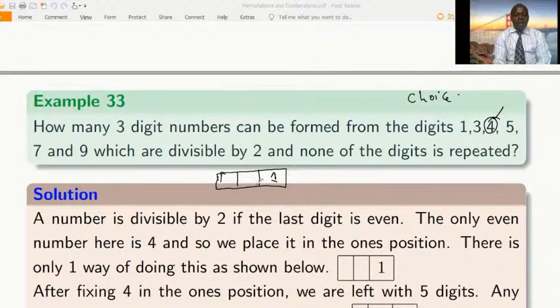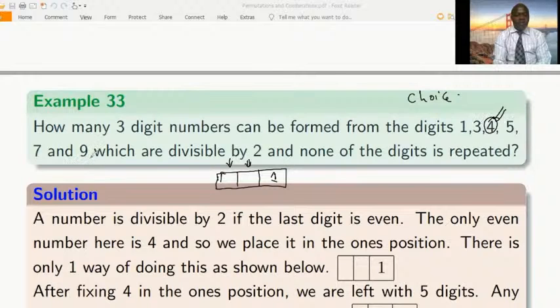Now, let's check how many choices we have for the first digit. Or let's first do the tens digit. We've already eliminated one digit, and we are left with 1, 2, 3, 4, 5.